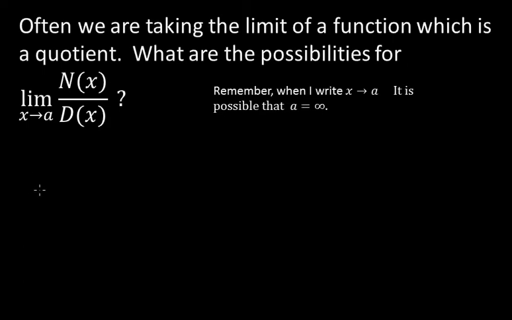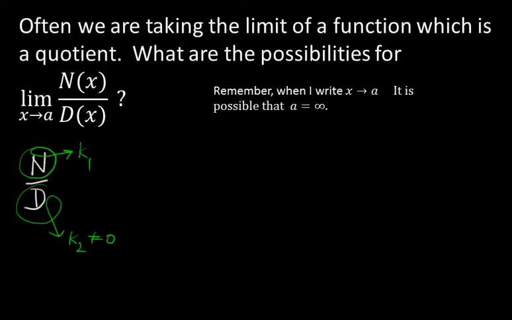Okay, so let's just look at the different possibilities, and I'm going to use a real informal notation here. I'm just going to put n over d instead of as functions, and I'll use green to show what's happening to these. Well, first of all, the numerator could be approaching a constant, k1, and the denominator might be also approaching a constant, k2, which is not 0.